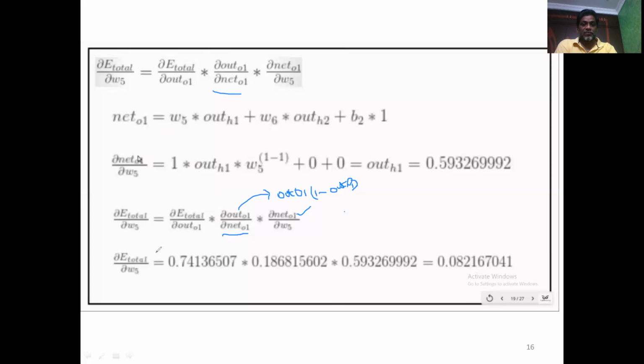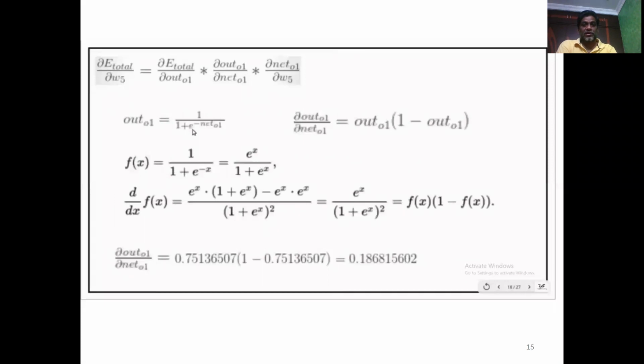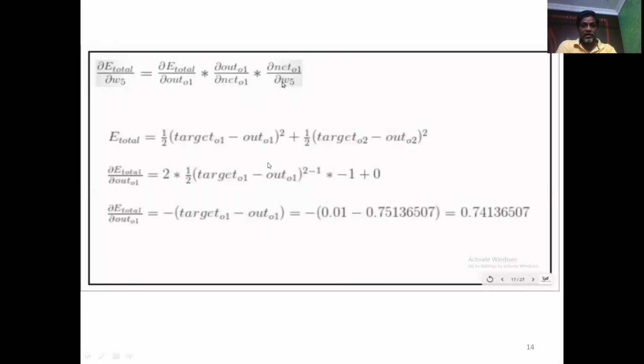This is how dou E total by dou W5 will be calculated after knowing all these three terms: dou E total by dou out O1, dou out O1 by dou net O1, and dou net O1 by dou W5. The final value of dou E total by dou W5 is 0.082167. Okay. So here is what I actually missed on this slide, from here to there.